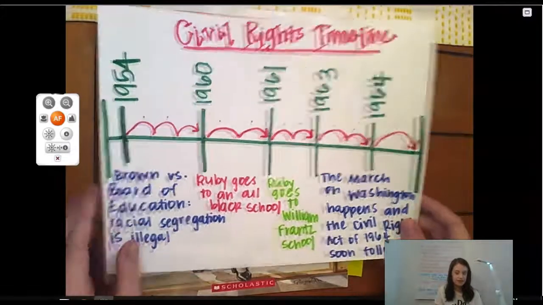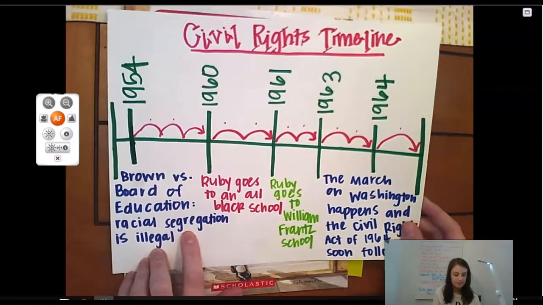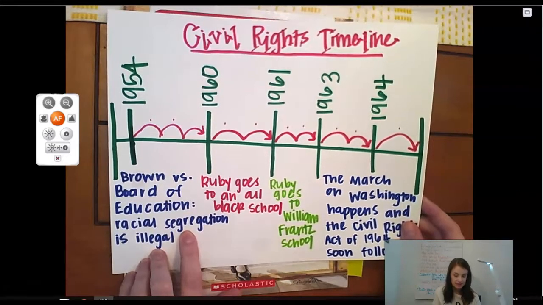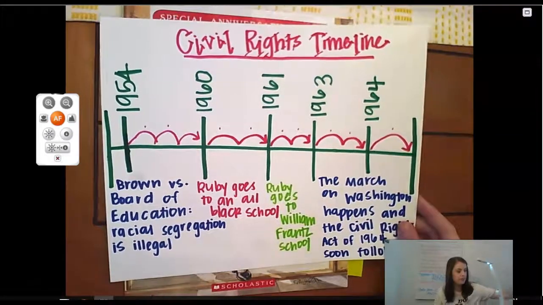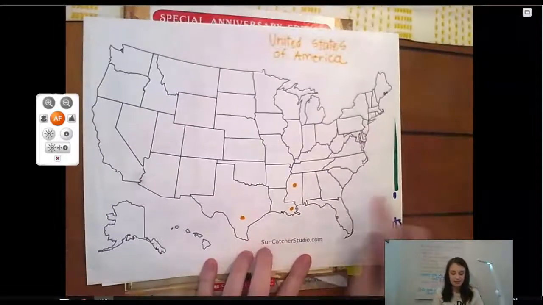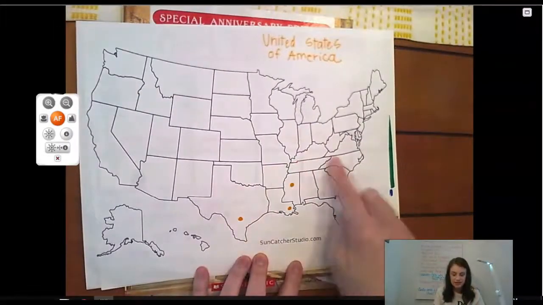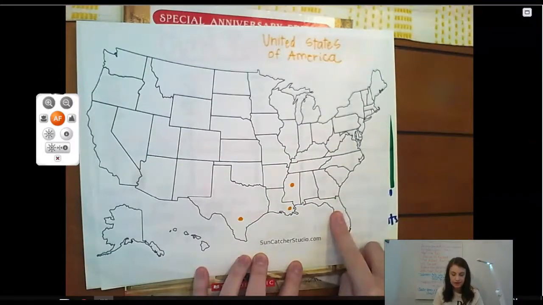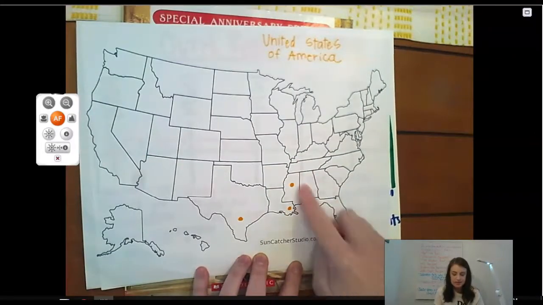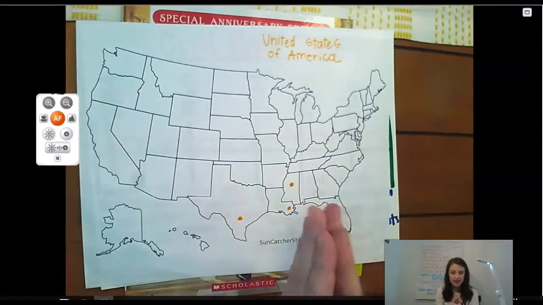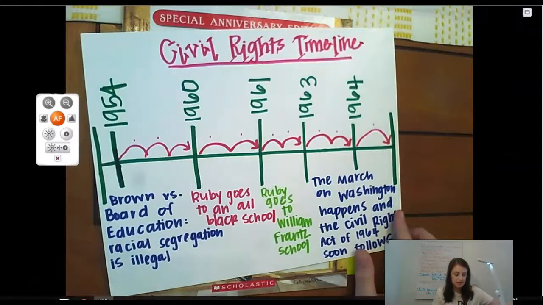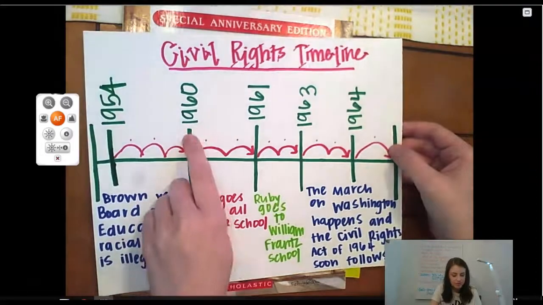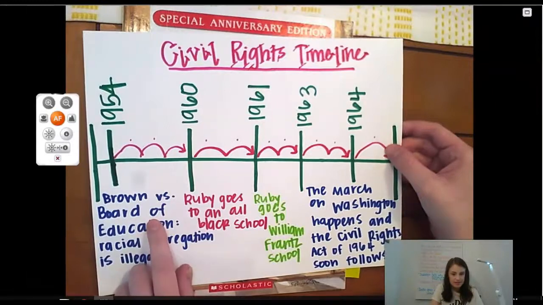And sadly, boys and girls, even though it was illegal to separate schools based on skin color, a lot of schools in states in the South, which is the area on the map that's around here, okay, the schools in these states did not integrate or place children with different skin colors in the same schools until closer to about 5 or 6 years after the law was passed, okay?